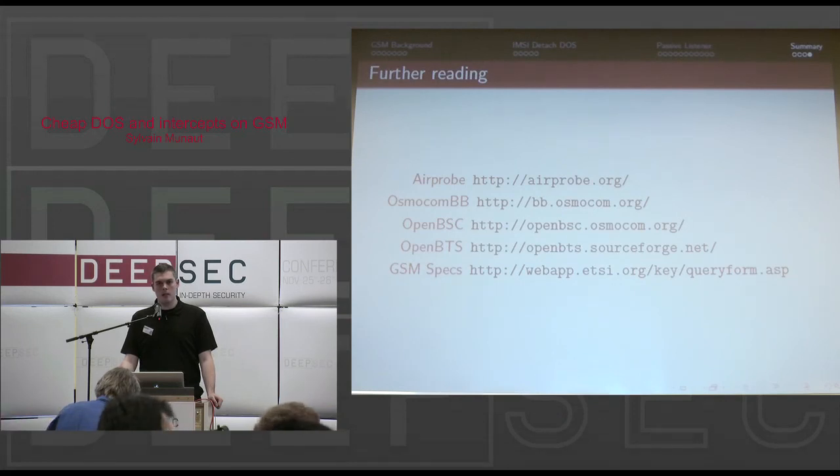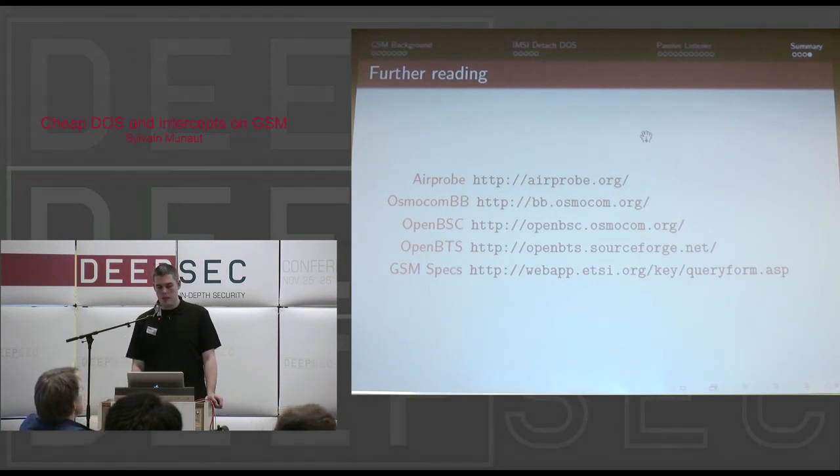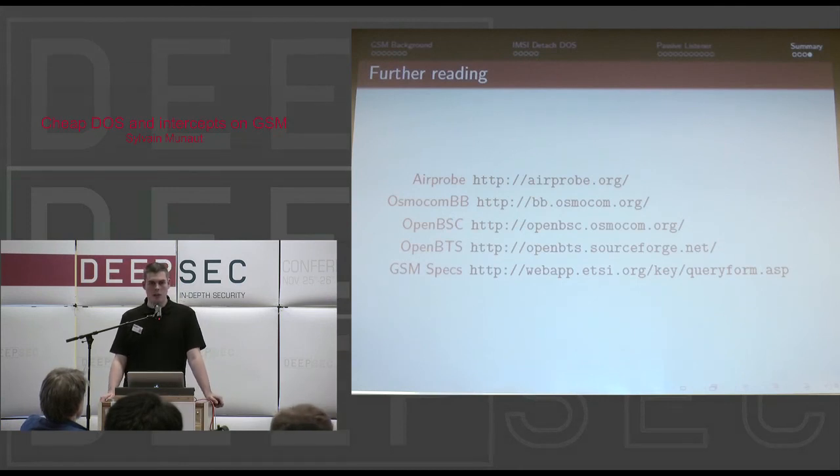I have a question to clarify the detach message. Can you actually send the IMSI detach and not the TMSI one from anywhere in the network, or do you really have to be in the location area? From what I've tested, it's in the location area, but I only tested on 4 networks. I don't know, maybe there are some bad implementations.